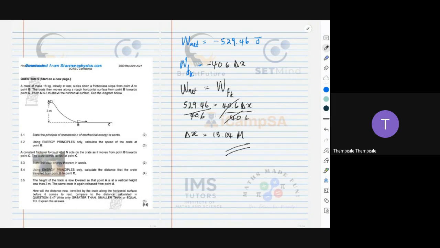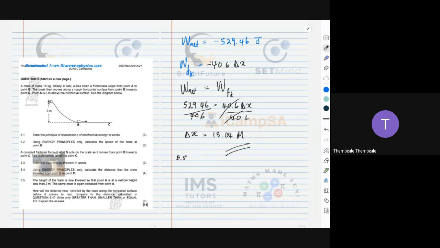Okay, so that's how it looks. Now, final question before we close. 5.5. So the height of the track is now lowered so that point A is at a vertical height less than 3.